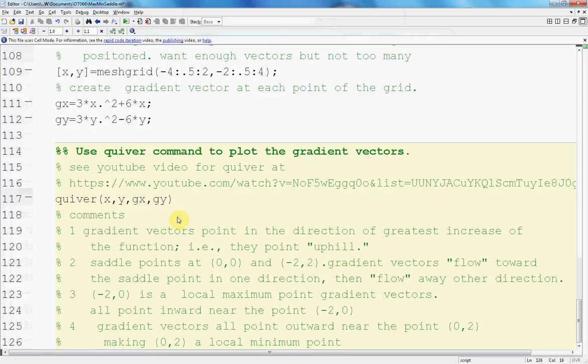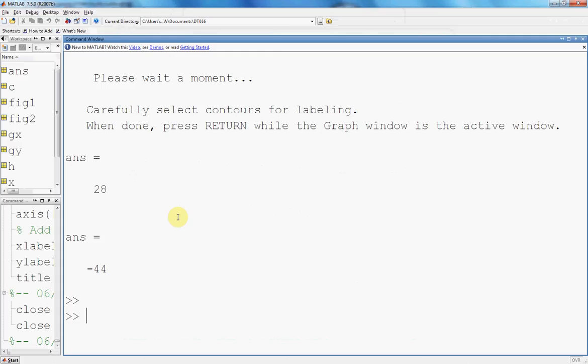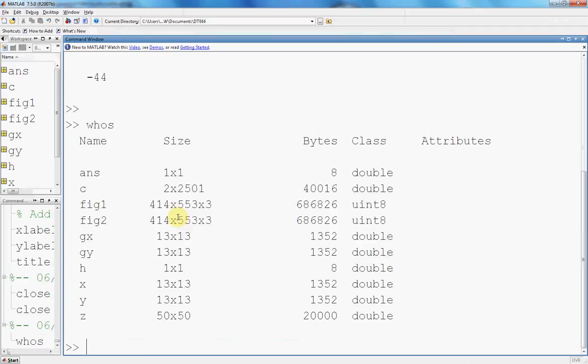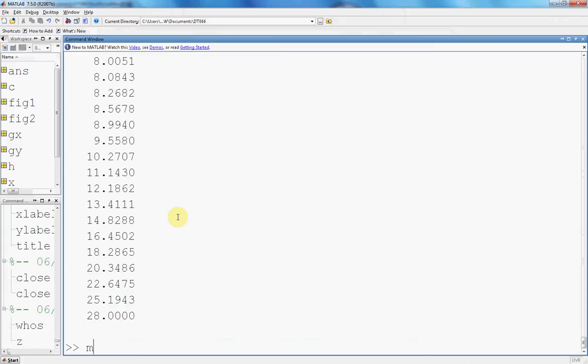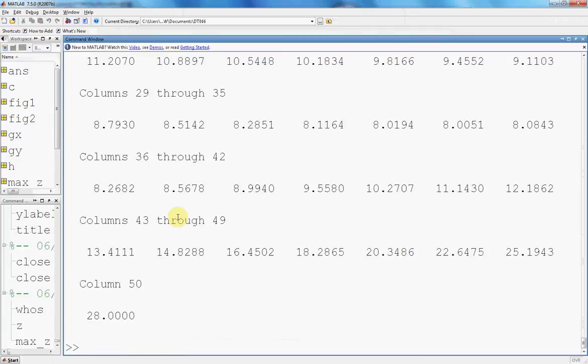Sorry, just one other thing before I go. Remember Z was 50 by 50, and if I say max Z equals max Z, I have 50 columns, so I get the max of column 1, the max of column 2, column 3, column 4, column 5, column 6, column 7, etc. Do a whos.